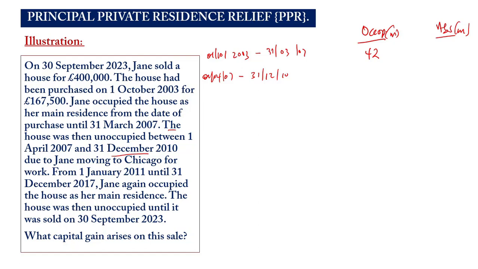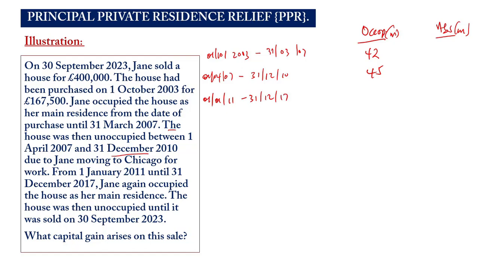Let's see whether she came back to occupy the building. So from 1st January 2011, which is immediately after the period, to 31st December 2017, Jane occupied the building. So it means that she came back to occupy the building, so we can give it to her as deemed occupation. Right? So from 1st January 2011 to 31st December 2017, she occupied the house as a main residence.